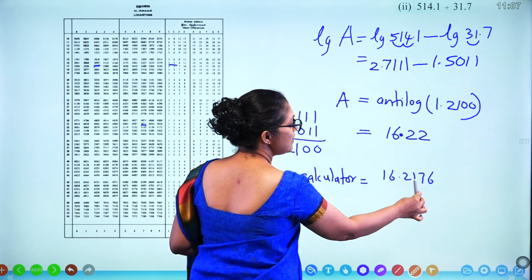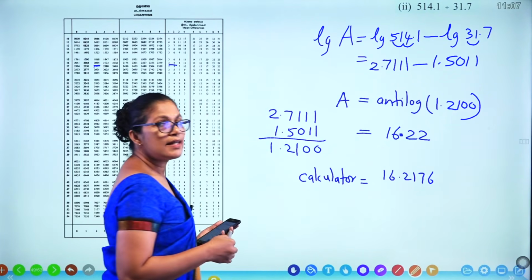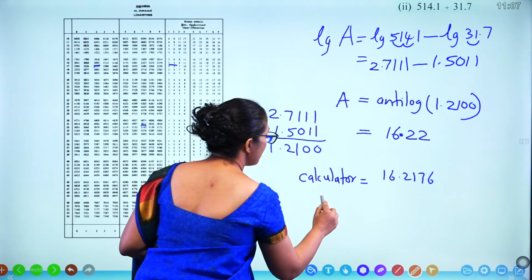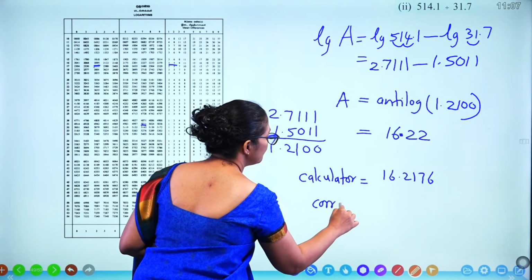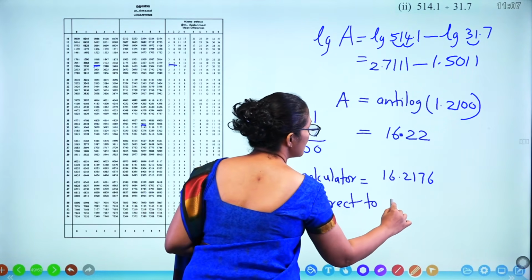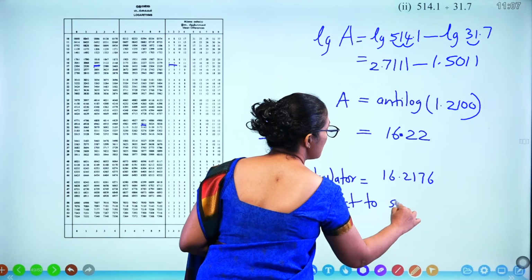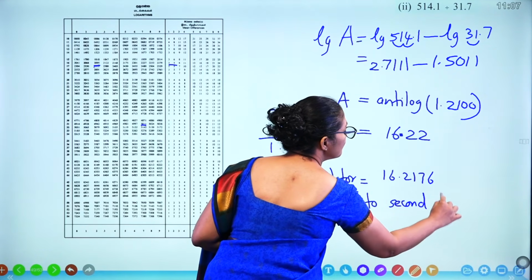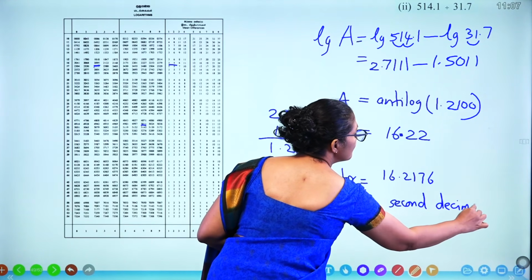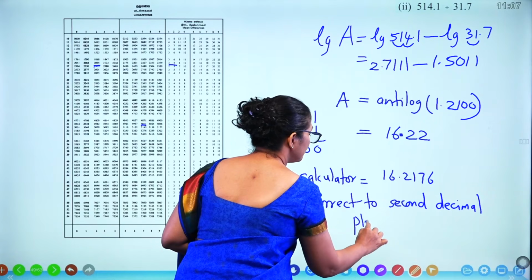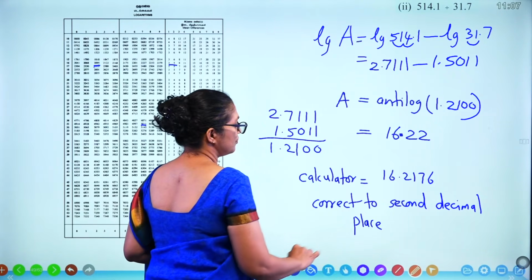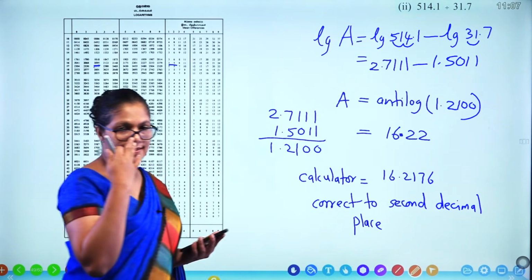If you take the second decimal place, you get the same answer. So, we can write correct to second decimal place. You get both the answers equal.